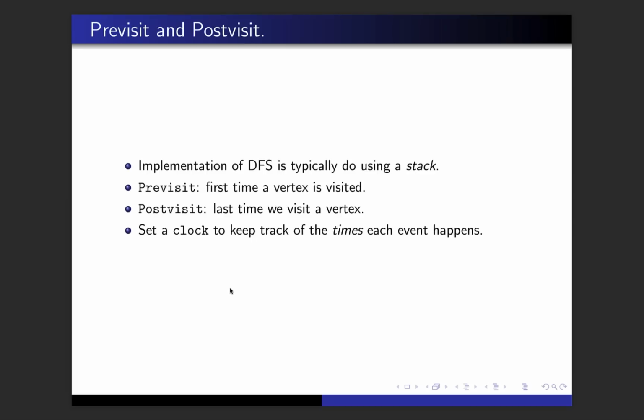And we are also going to keep track of the last time we visit that vertex. To do that, we use a clock and we will record the times during the pre-visit and post-visit procedures.